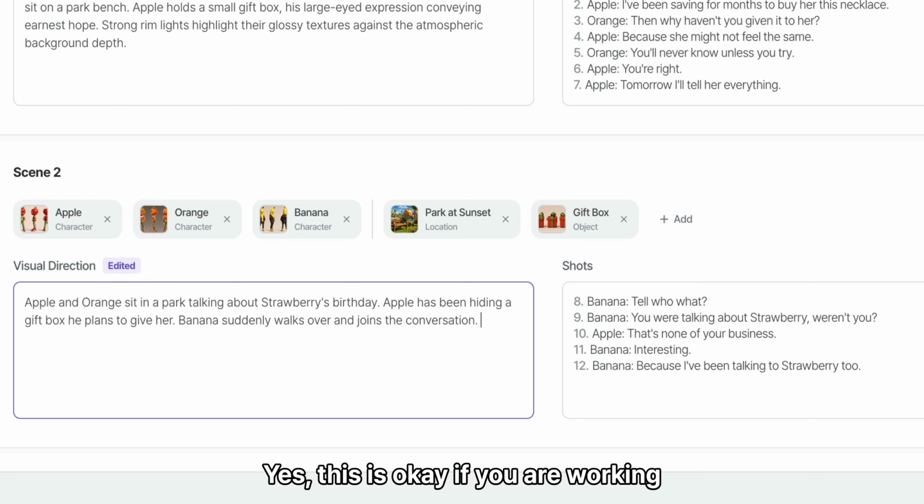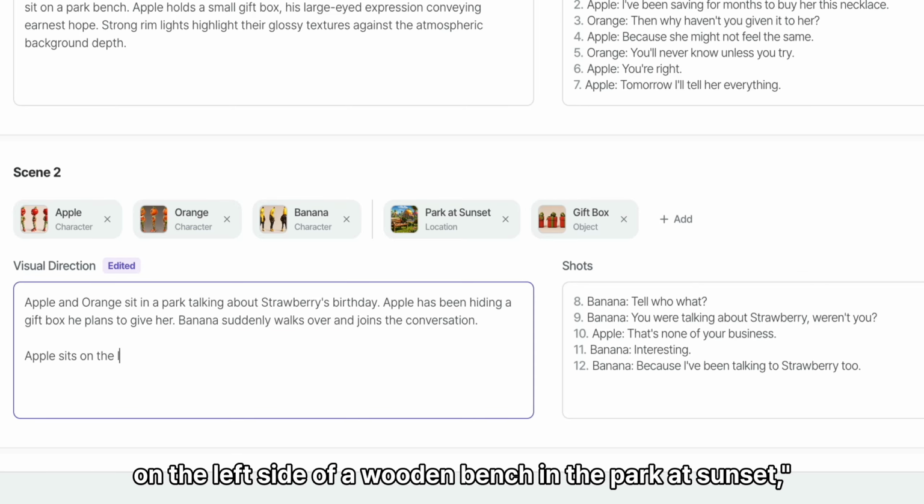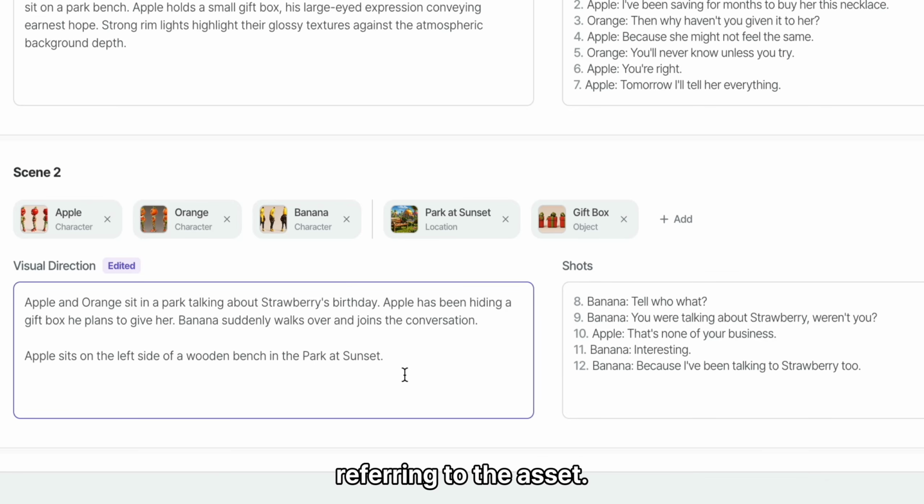Yes, this is okay if you are working with real actors in a real movie. However, this is not enough for AI. Instead of writing this, try writing: Apple sits on the left side of a wooden bench in the park at sunset, referring to the asset.